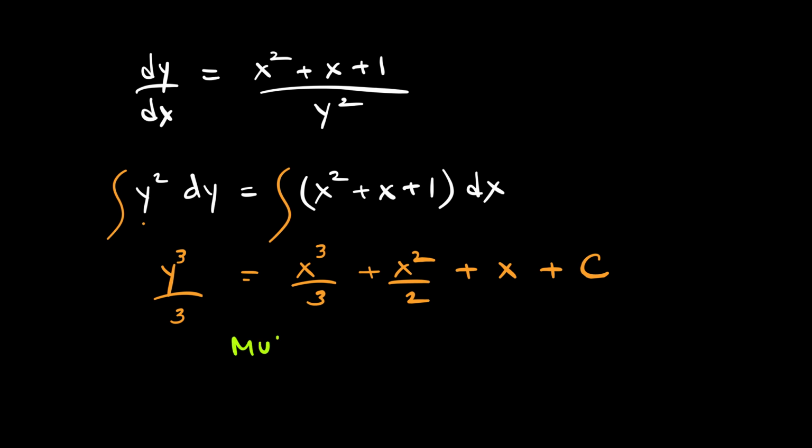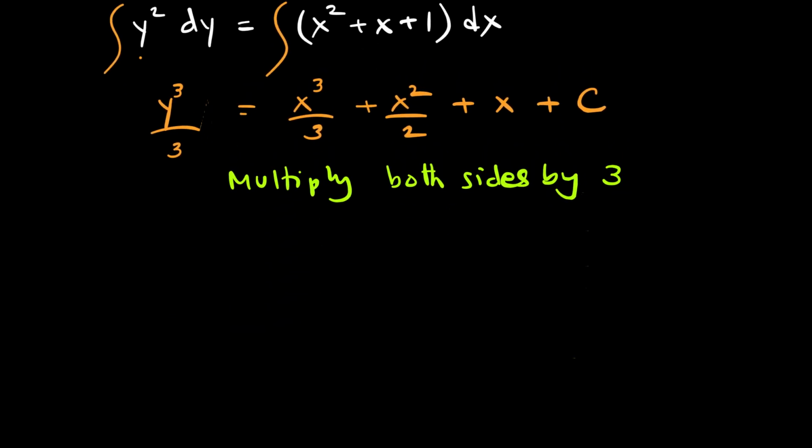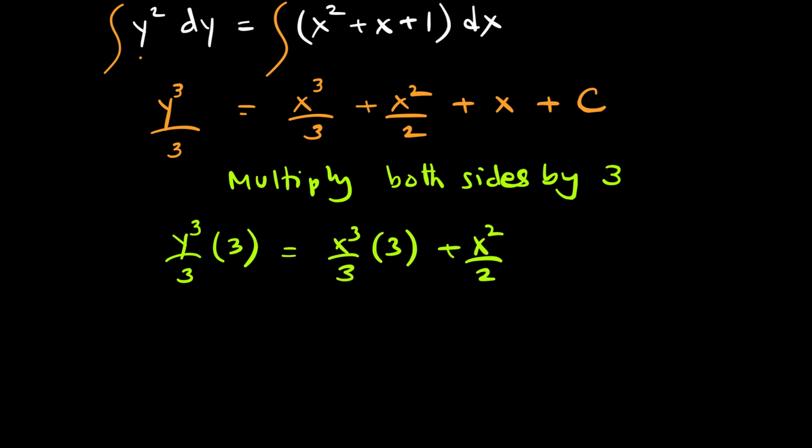In this particular question, multiply both sides by 3. And this is just for simplification purposes. So we have y cubed over 3 multiplying with 3, x cubed over 3 multiplying with 3, x squared over 2 multiplying with 3, x multiplying with 3, and the constant of integration multiplying with 3.